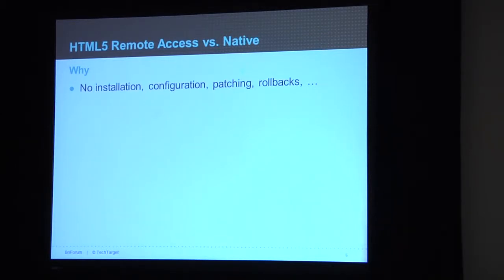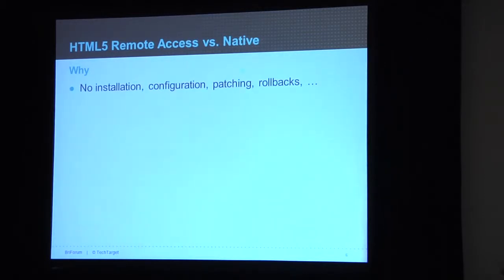But you can end up having to manage the endpoints again because you need to install and configure the software that enables remote access. You need them to install, let's say, a Citrix client or a VMware client or an Ericom client and configure it to connect to the appropriate server at the appropriate address.